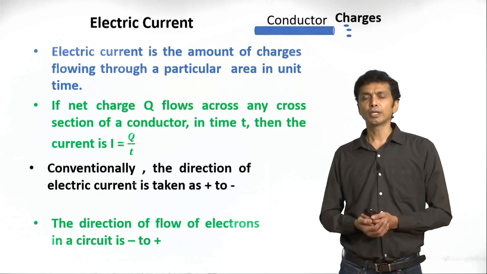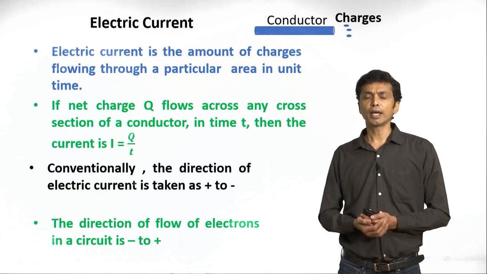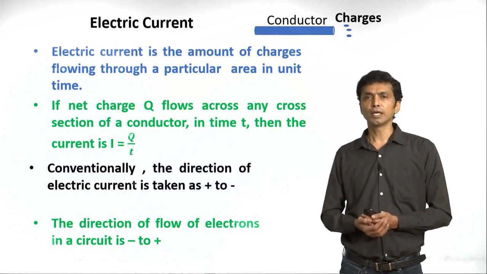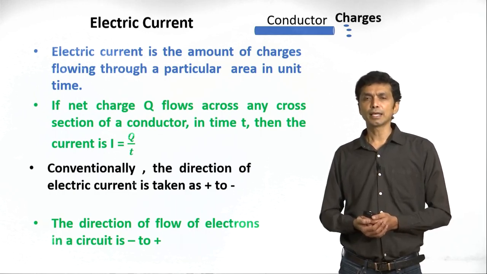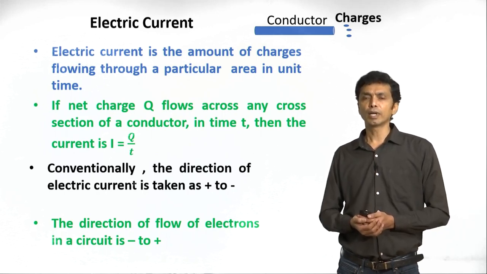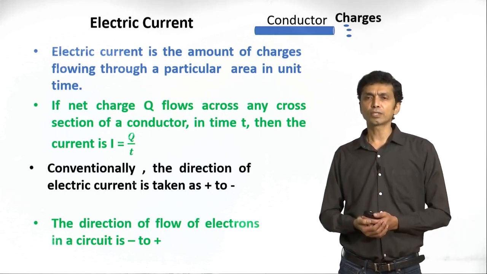But later on, we realized that the charges that flow through an electrical circuit are nothing but electrons, and they have a negative charge. That is why the direction of flow of electrons is minus to plus, but conventionally we have believed that the direction of electric current is plus to minus.